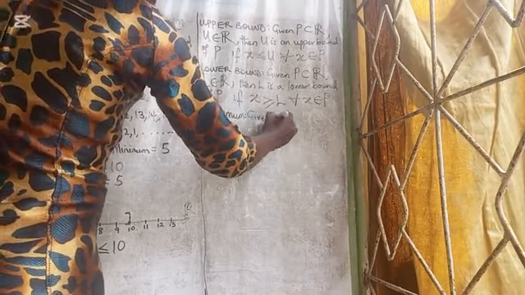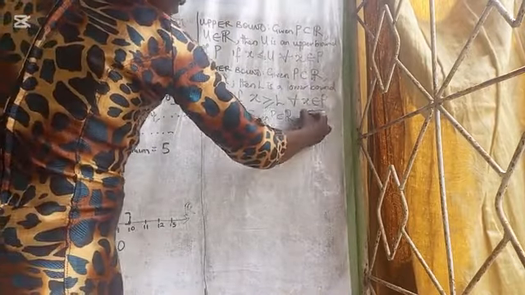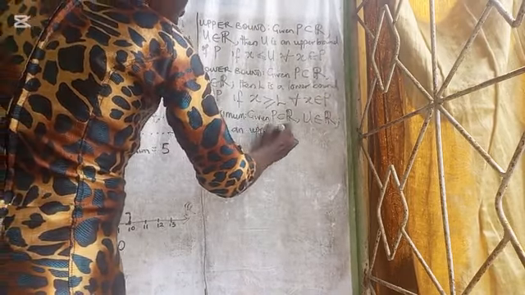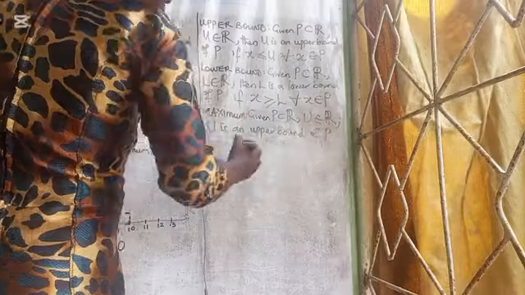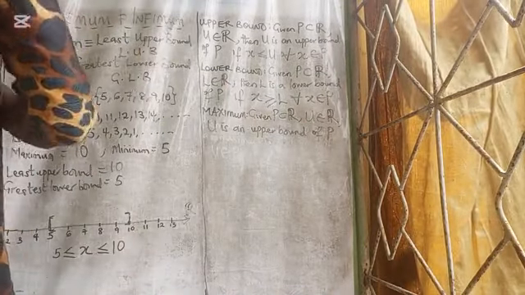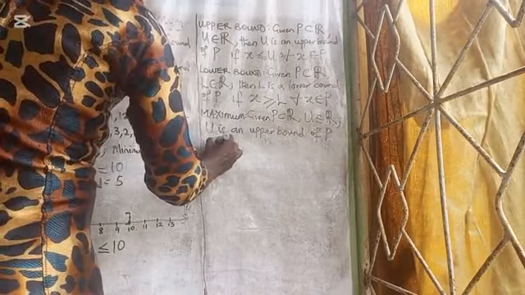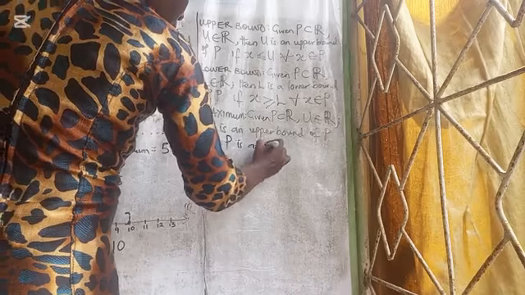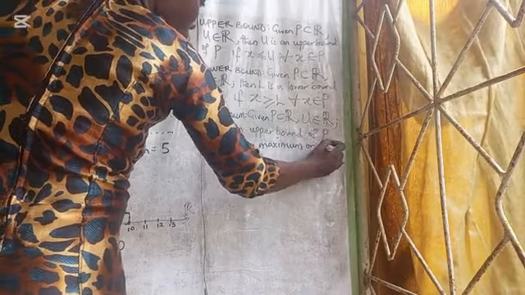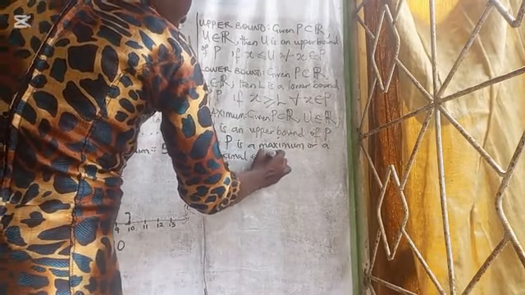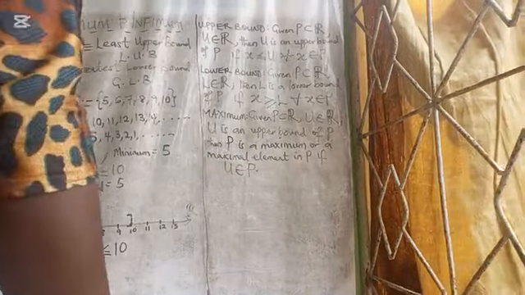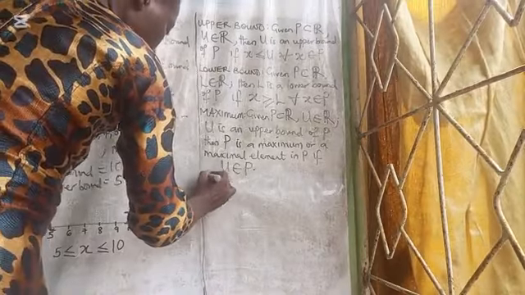We say, given P a subset of the set of real numbers and U belonging to the set R, such that U is an upper bound of P, then P has a maximum, or a maximal element, if U belongs to P. Again, we'll talk about the minimum.